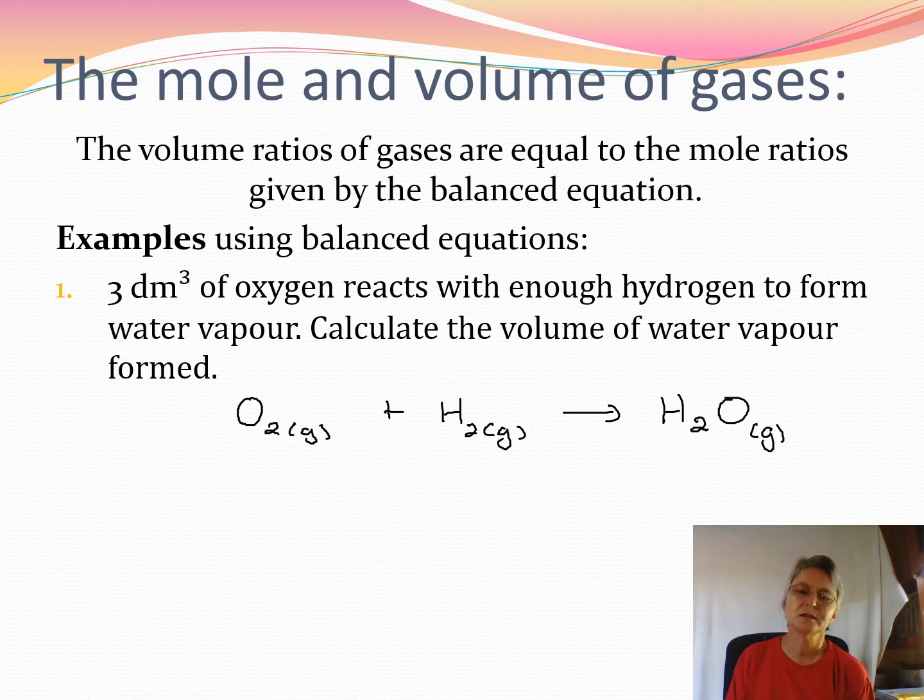Now, to balance the equation, we need to double up on the water to balance the oxygens, and then we need to double up on the hydrogen to balance the hydrogens. So your mole ratio is 1 to 2 to 2.